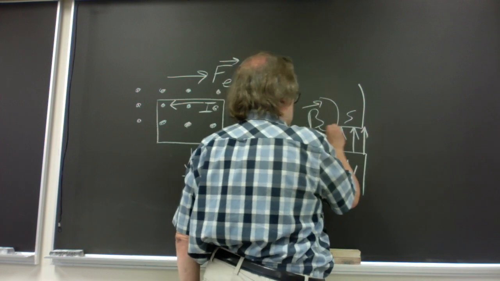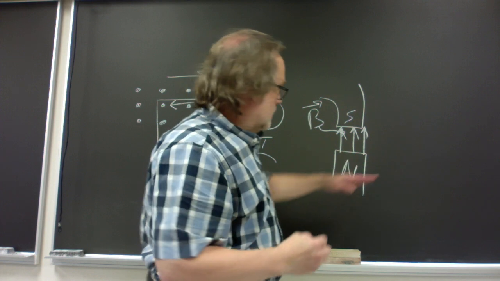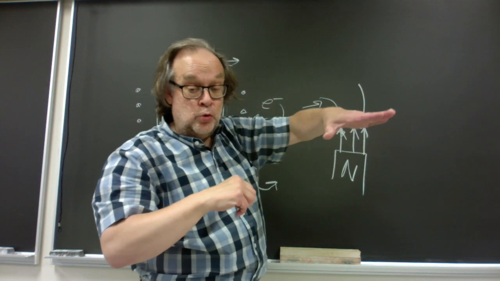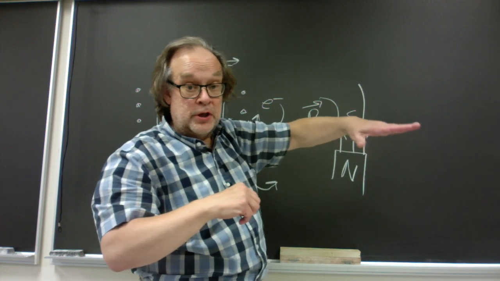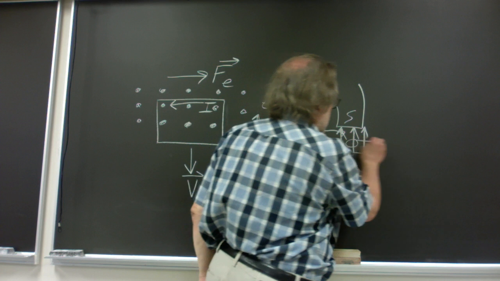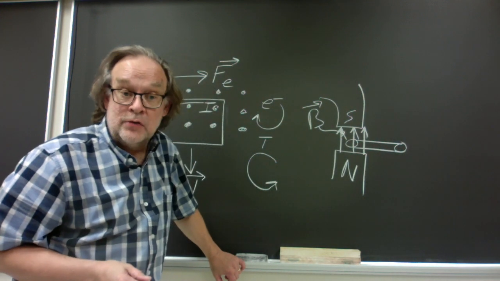That's the magnetic field. And now imagine that we have a current loop, a loop in a horizontal plane, a loop in a plane that's perpendicular to the plane of the blackboard. So here's just sort of the edge of that loop.